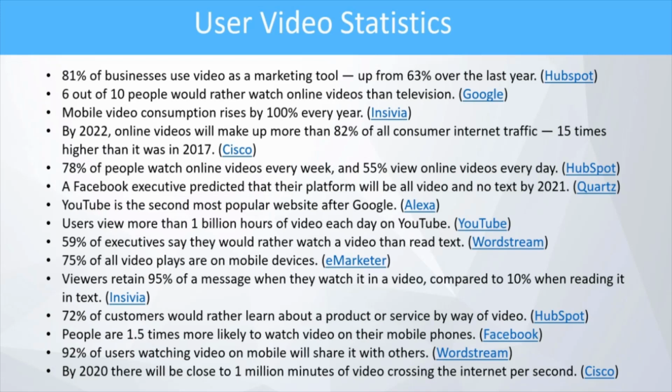A Facebook executive predicted that their platform, Facebook, will be all video and no text by 2021. That's next year. It's not surprising to learn that YouTube is the second most popular website after Google, and users view more than 1 billion, that's billion with a B, 1 billion hours of video each day on YouTube alone.